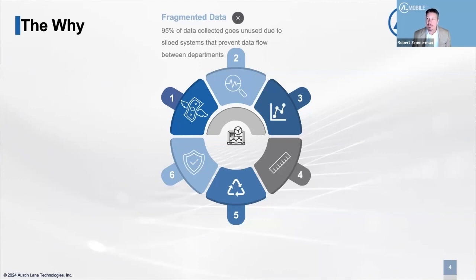They may say, no, our people are our most important asset that we have. Well, yes, on one side of the coin, you've got the people that use the data that are very, very important. But if you do not have the data, then you cannot measure what you're doing, right? You can't measure. And if you've got 95% of it collected and you're not using it, that is a tragedy in itself because you've got so much ready to go.